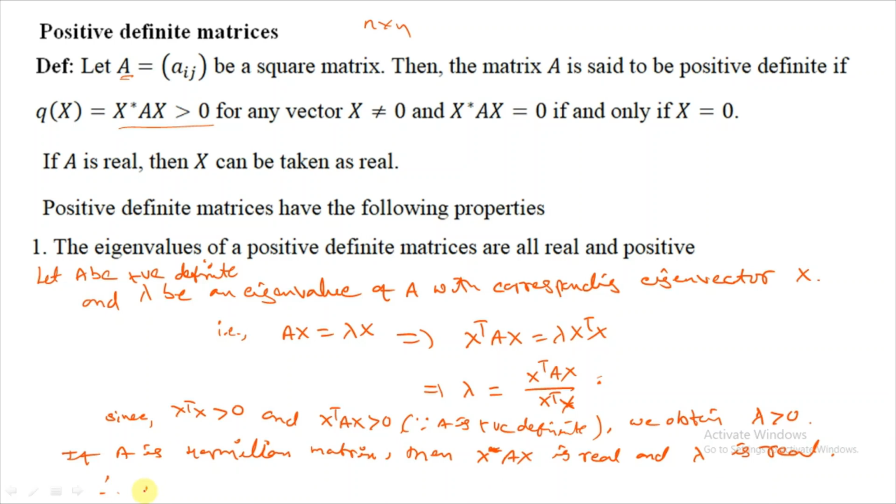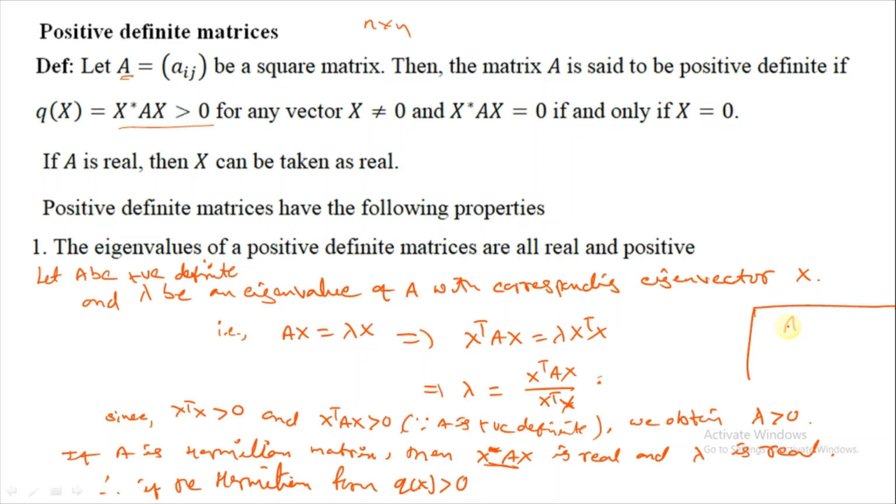Therefore the quadratic Hermitian form is also positive. This is positive because x star Ax.